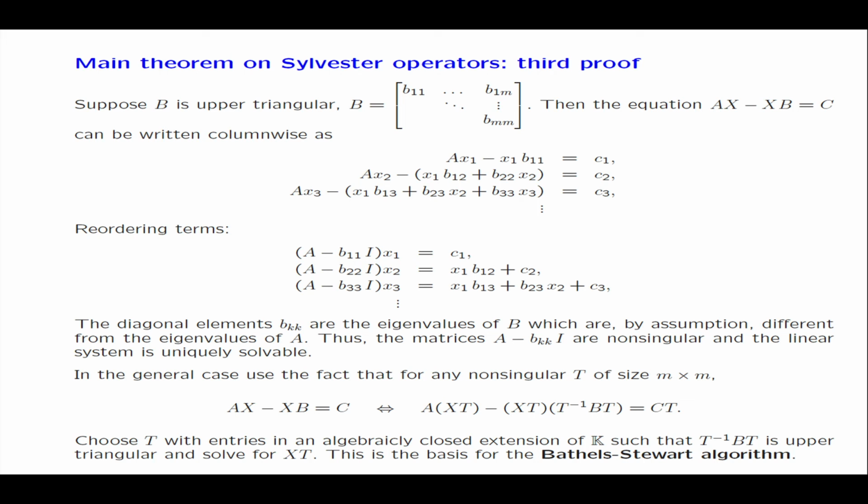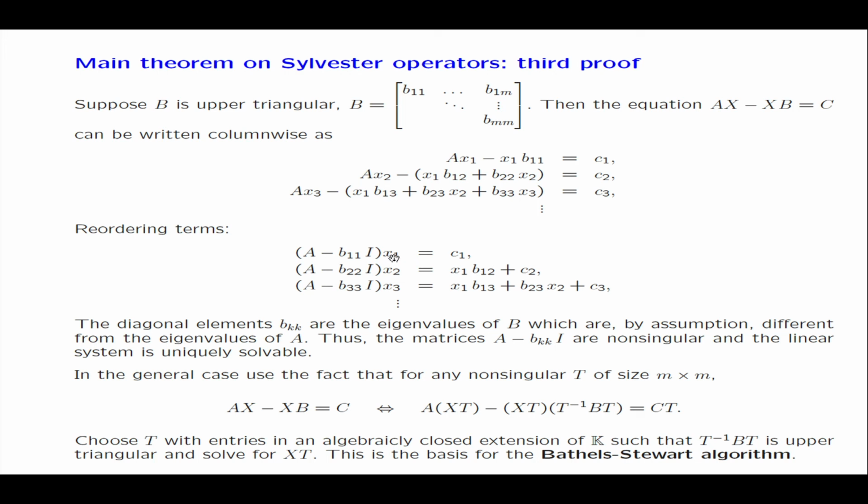But what is B11? B11 is one eigenvalue of the matrix B. Here on the diagonal, we have the eigenvalues of the matrix B, and our assumption is that these eigenvalues are different from the eigenvalues of the matrix A. So B11, being an eigenvalue of B, is not an eigenvalue of A, and this means that this matrix is invertible. So we have a unique solution for the first equation.